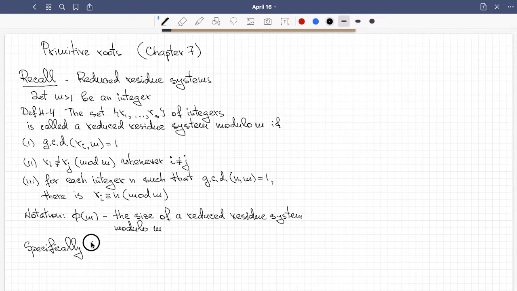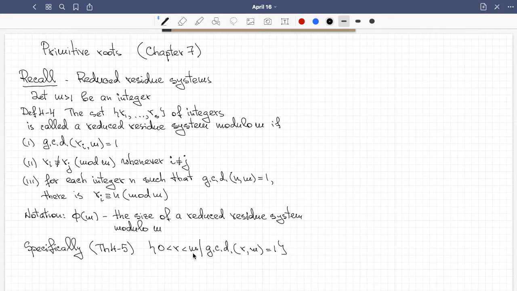This was theorem 4-5 in the book. The set of integers R, all bigger than 0 and smaller than m, such that the greatest common divisor of R and m is 1.